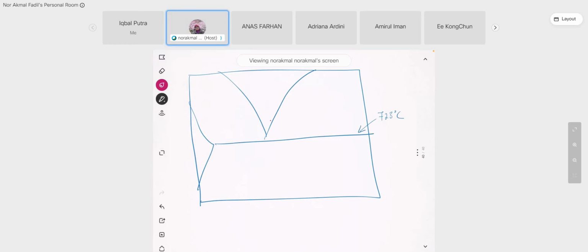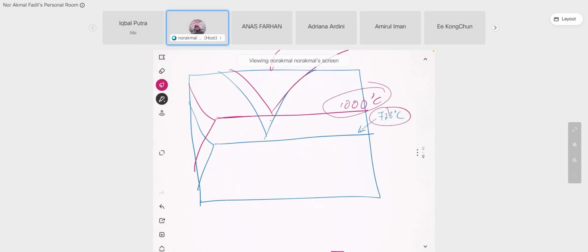What happens is, if you add chromium, you can have something like this. This one is 1,000 degrees Celsius. So austenite will stabilize above 1,000. Whatever the application that you use, compared to the normal ones, the austenite will never form in your alloy if you shift this eutectoid temperature higher.